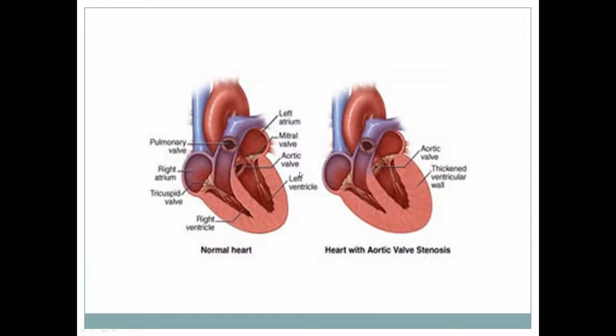This is a good picture. It shows the aortic valve in the normal heart, and here you see the aortic valve in an aortic valve stenosis heart. You can see that if the blood is in the ventricle trying to pump through this aortic valve, not a lot is going to get through.